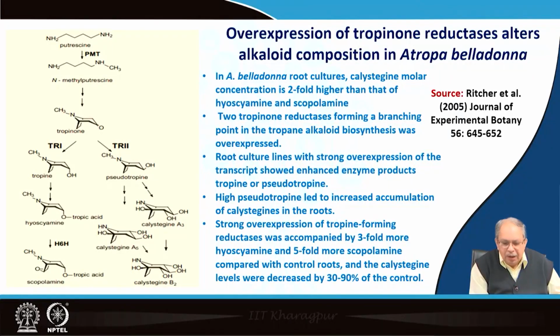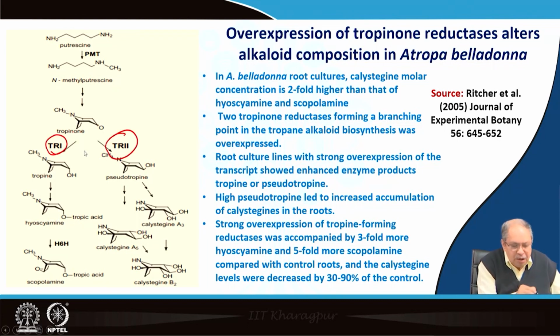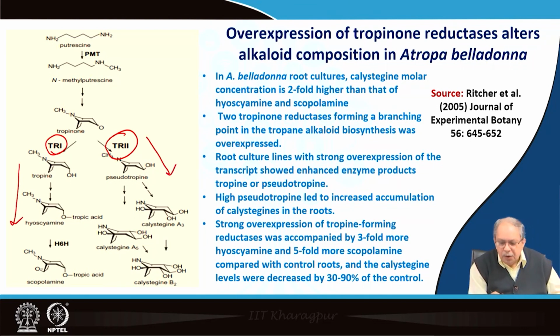Another work that has been done with Atropa belladonna, this time they have expressed tropinone reductase 1 and tropinone reductase 2. Tropinone reductase 1, as I have said, contributes to the scopolamine route, and tropinone reductase 2 contributes to calystegine.